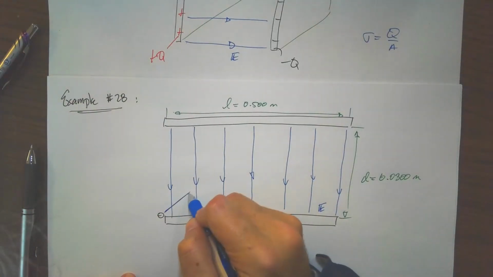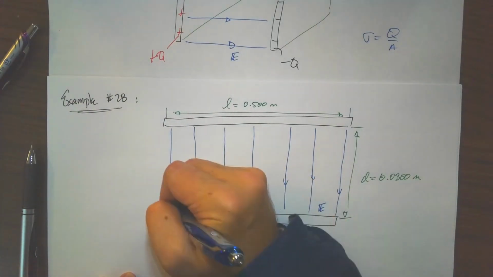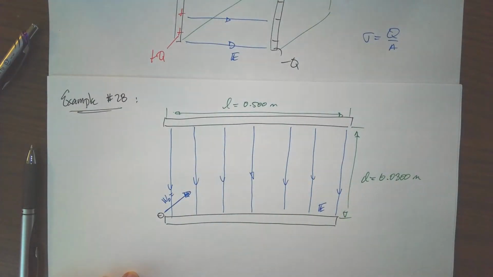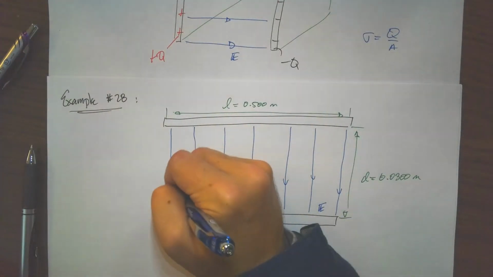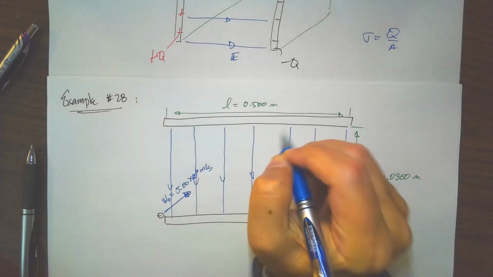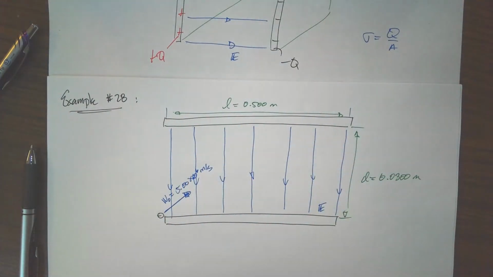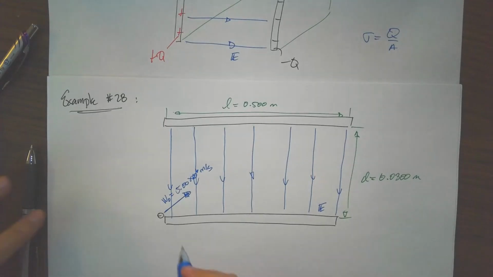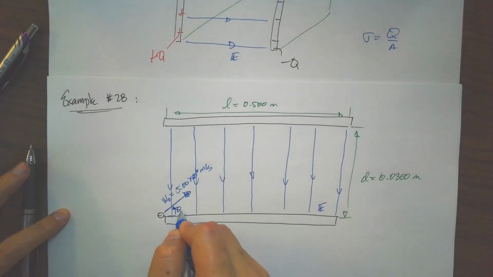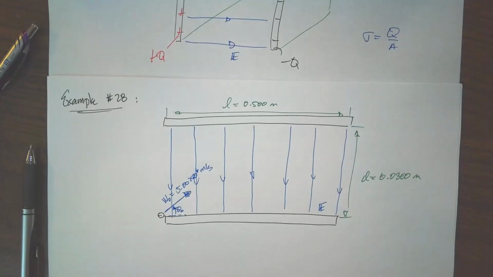And we're going to launch it with some initial velocity, and it said it was 5×10⁶ meters per second. And then we'll have some initial launch angle. We'll call it theta naught.